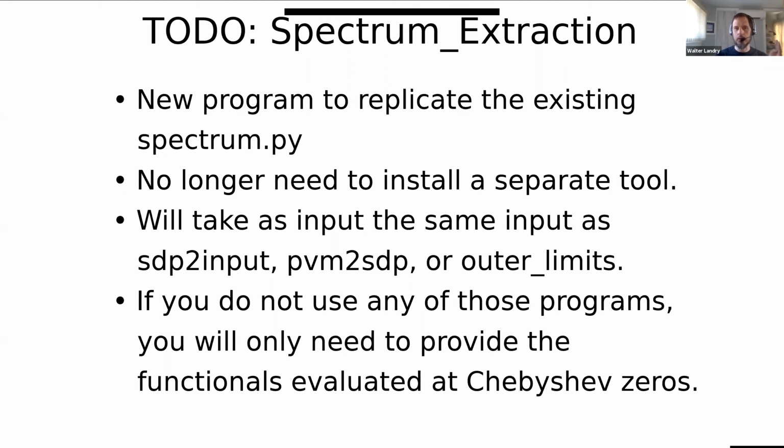So what I'm planning to do is make a spectrum extraction tool that can take more inputs, and it'll all be bundled with SDPB. And if you, for some reason, write your own inputs to SDPB and don't use these programs, it's fairly simple to write what is needed for spectrum extraction by just giving functions evaluated at Chebyshev zeros.